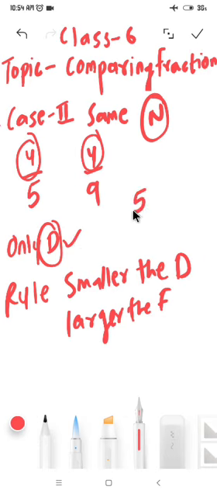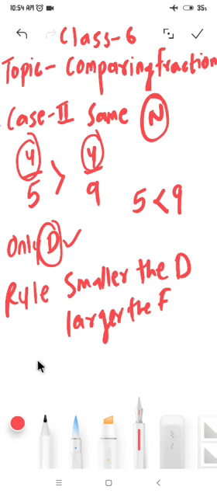Here 5 is smaller than 9. So 4 upon 5 is larger than 4 upon 9. Because in this case, if their numerators are the same, then you have to look only at the denominator. Smaller the denominator, larger the fraction.